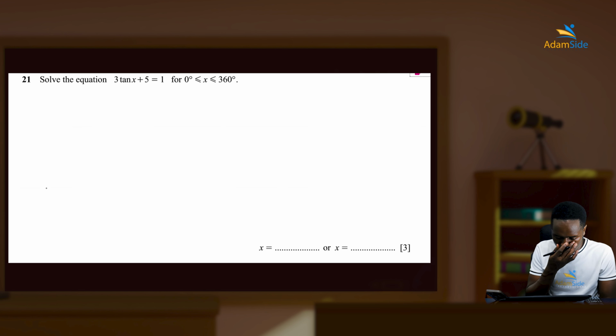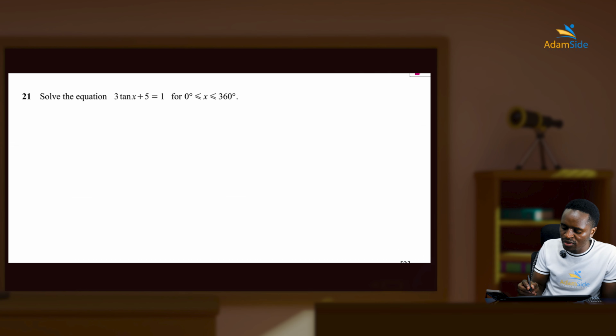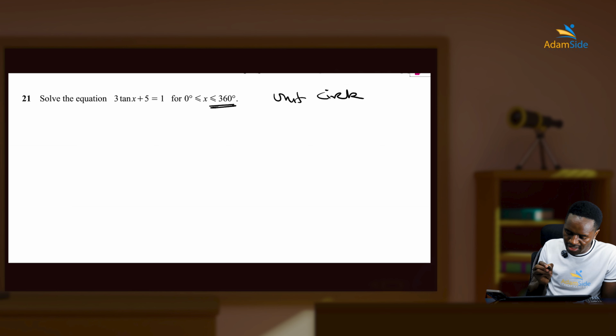Question number 21. This is about the 360 unit circle, still on the topic of trigonometry. It is extended knowledge.